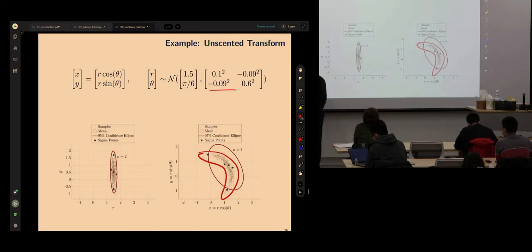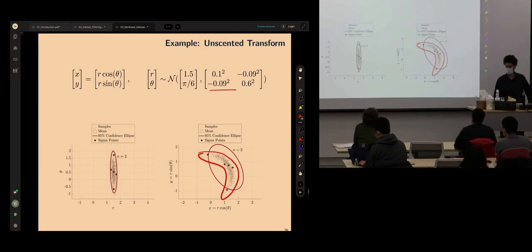Yeah? Is there any chance that adding or increasing the sigma points will make the Gaussian fit this kind of banana shape better? The question is, is there any chance that we increase the number of sigma points and then we can model some complicated shapes like this?